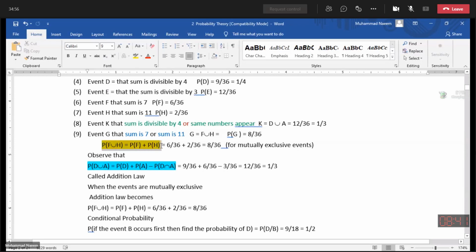This yellow highlighted formula for F union H: when F and H are mutually exclusive, when nothing is common between F and H, their intersection is empty, we simply add their respective probabilities, probability of F plus probability of H. When we have something in common, then probability of first event plus probability of second event minus the probability of the intersection. This is called the addition law.